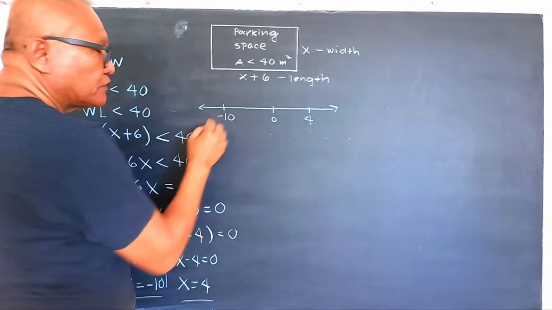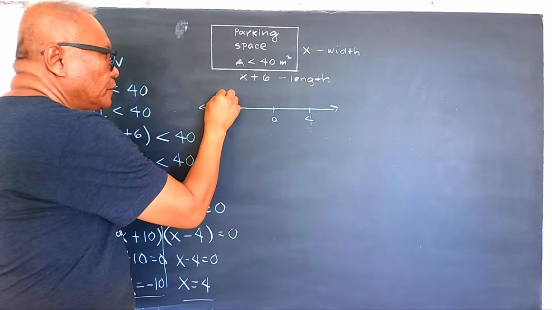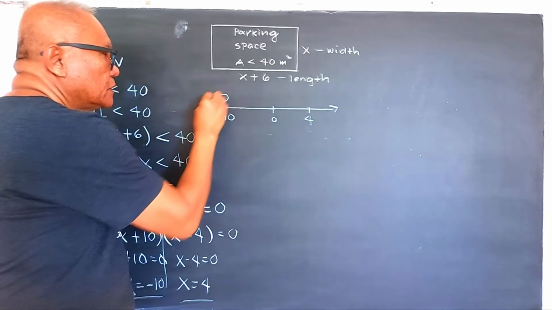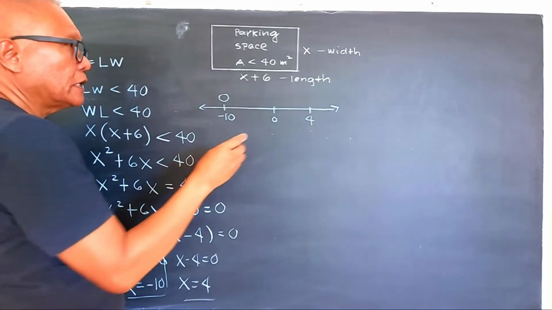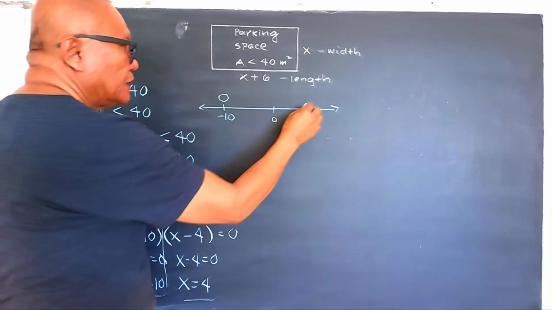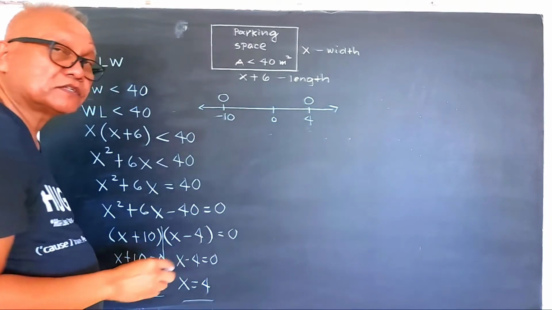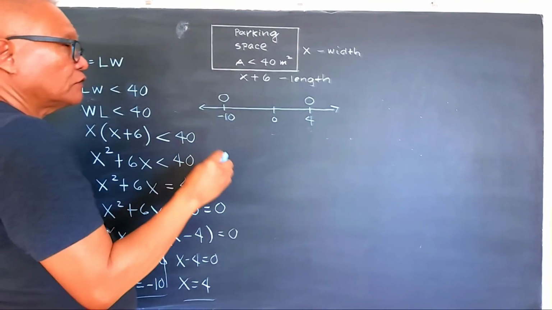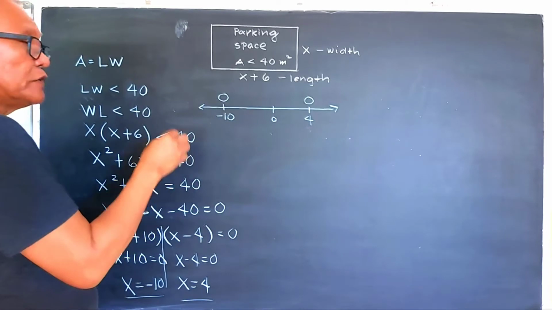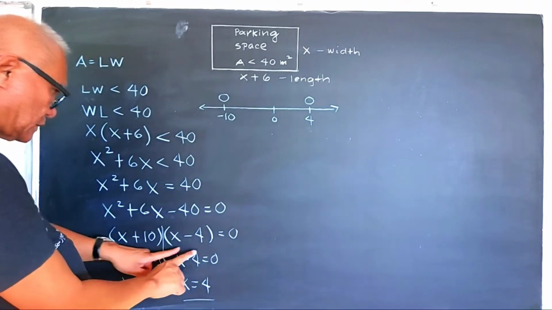Let us test negative 10 first, if this one is included or not. So I'm not going to shade this circle yet. Here also we have another circle. We do not know if they are included or not, so we check first. Check where? Here, class.